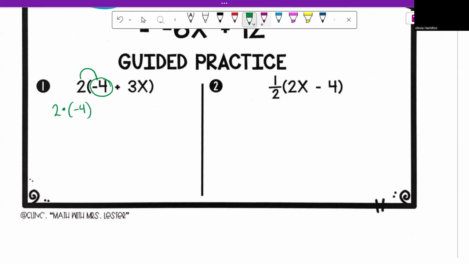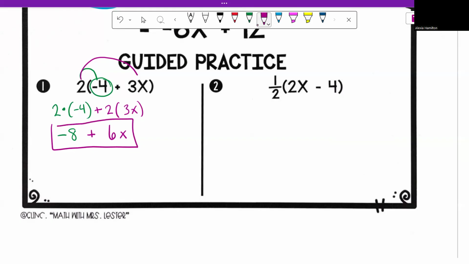Normally, I'm not going to put the dot between it, but since this is our first time doing distributive property, plus sign, then I'm going to take my 2 and multiply it with my second term in the parentheses, which is a positive 3x. 2 times negative 4 is a negative 8. 2 times 3 is 6. The x comes along. 6x is positive, so plus sign goes between my negative 8 and my 6x, and I'm done.